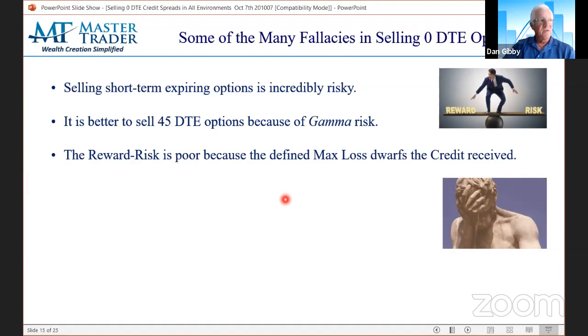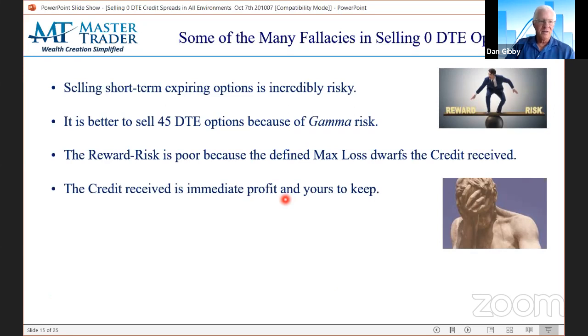Do you say to yourself, well, Apple can go to 0, so I'm risking $115 to make 3? That reward to risk doesn't make sense. Nobody ever says that. They look at their stop loss and say, okay, I'm risking this to make this. Well, why is this different when we talk about credit spreads? We have a stop loss in place.